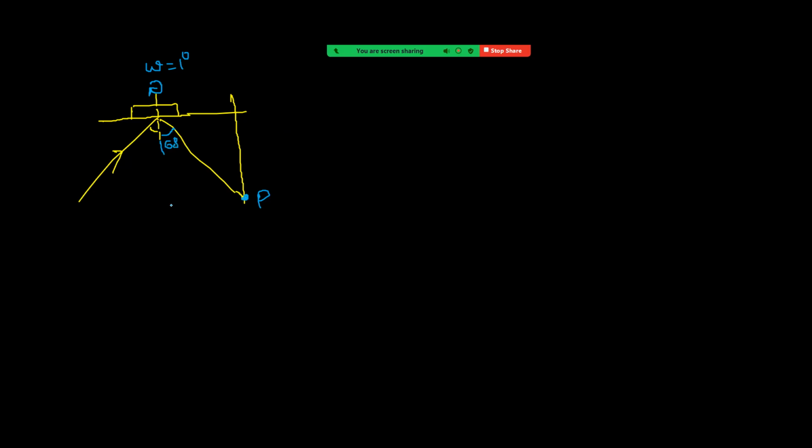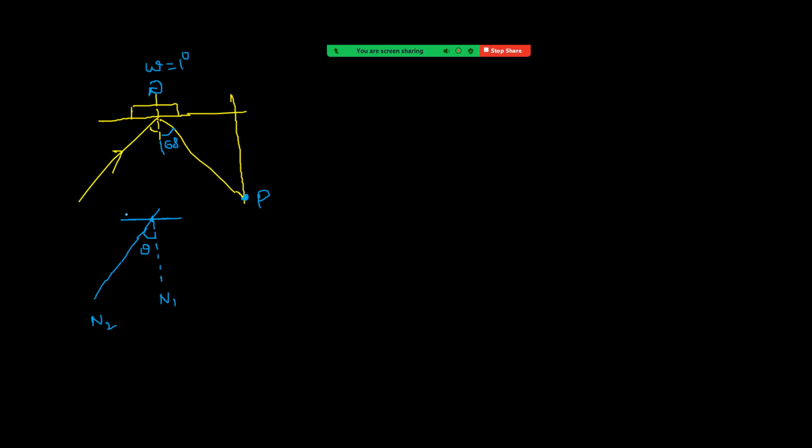Let us take one instant. Do one thing, take it separately. This is the initial normal. I'm taking it as N1, the initial normal. Now take this as the present normal. This is N2. This normal makes an angle theta with the initial normal.